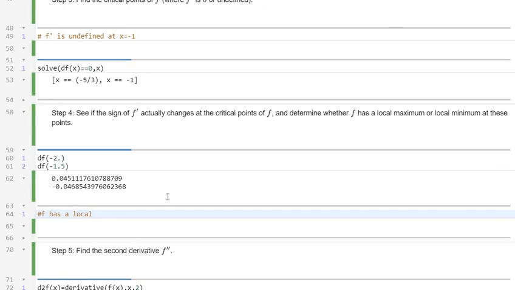So the picture is this kind of picture. It's a peak kind of picture. Up changes to down. So this is a local max at x equals minus 5/3. Oops, forgot the minus sign. And I'm going to write that down here on my little scratch paper. I found a local max. When I go and graph it in a later step, I want to make sure that that shows up.